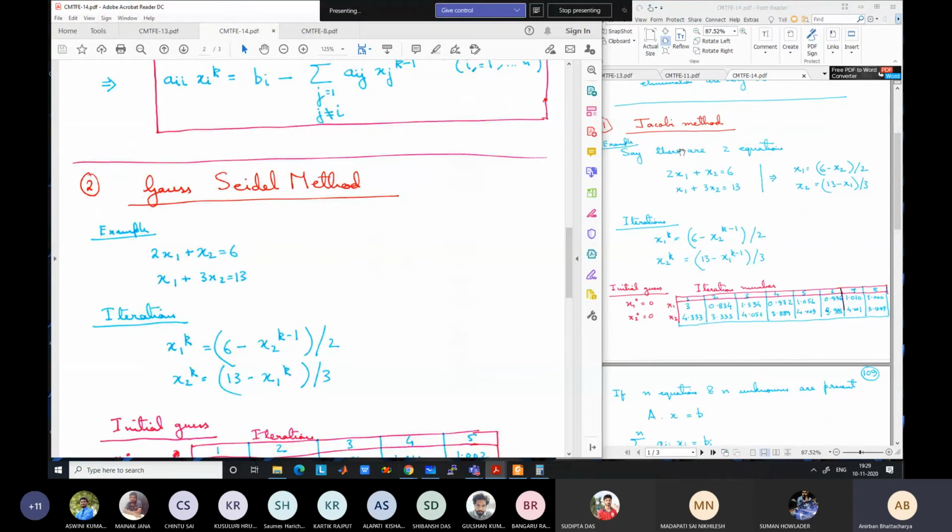Again let us start from the same equations: 2x1 plus x2 equal to 6, and x1 plus 3x2 equal to 13. But in this case, instead of calculating all the equations based on the previous iteration value, for any variable i, because all the calculation up to i minus 1 has already been done, we take the current iteration value for those cases.